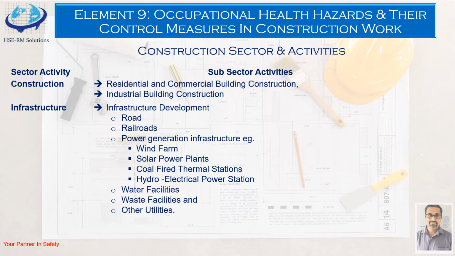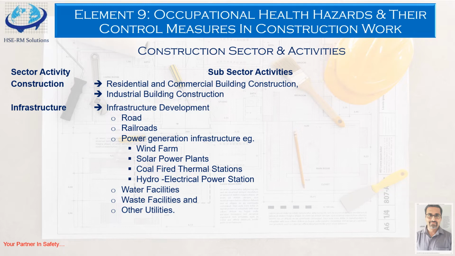So construction activity means where people are going to be staying, where there will be occupancy of people. So residential and commercial building construction and industrial building construction. So these are two construction activities.